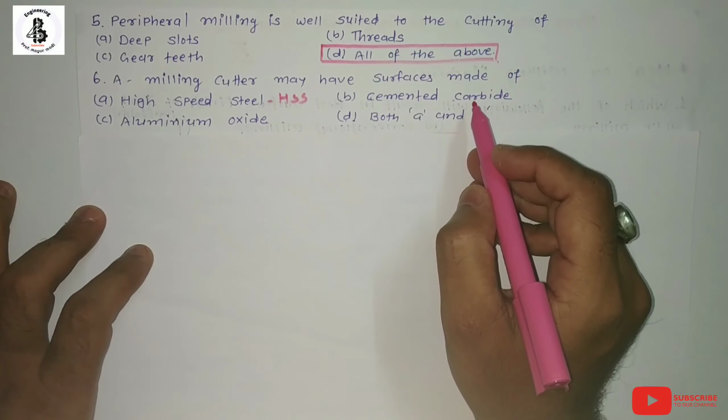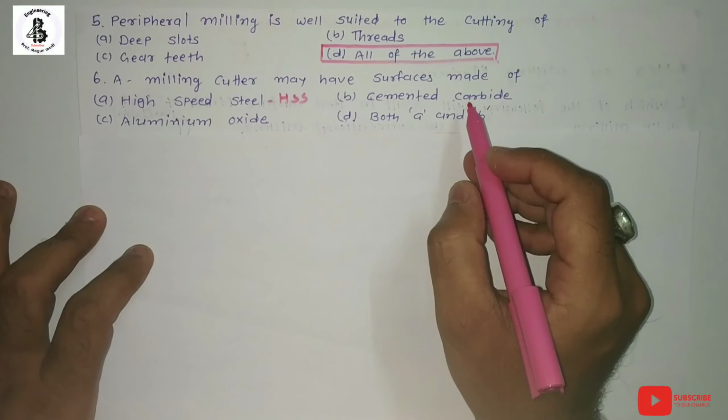Both are used for making the surfaces of a milling cutter. So the right answer is option D, both A and B.